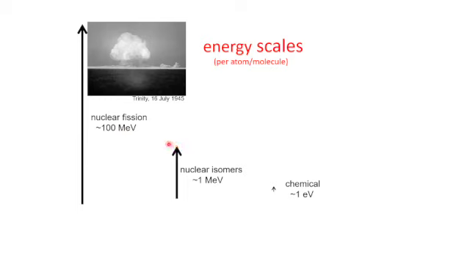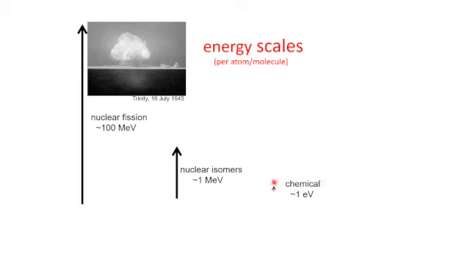Just to clarify, in a rather simplified way, where the energy fits in terms of the amount of energy: nuclear fission is roughly 100 MeV per nucleus that fissions. Nuclear isomers can carry roughly 1 MeV, not 100.